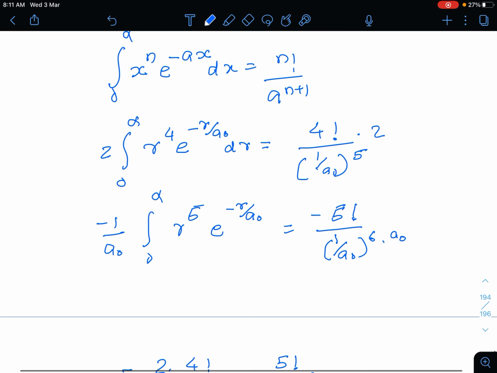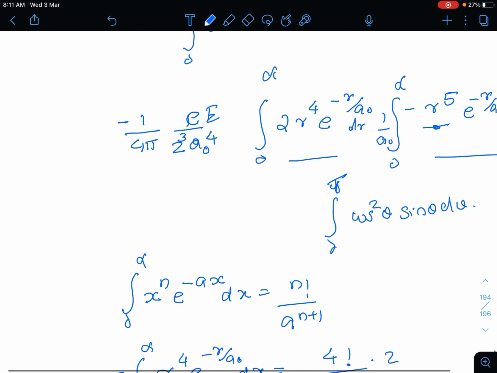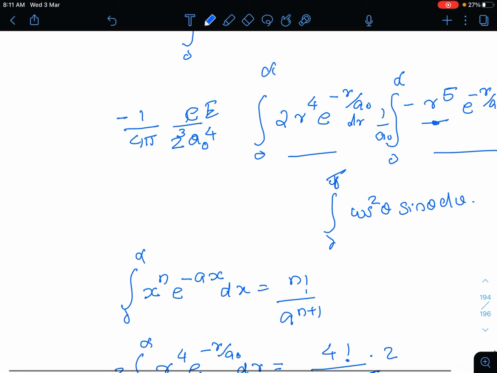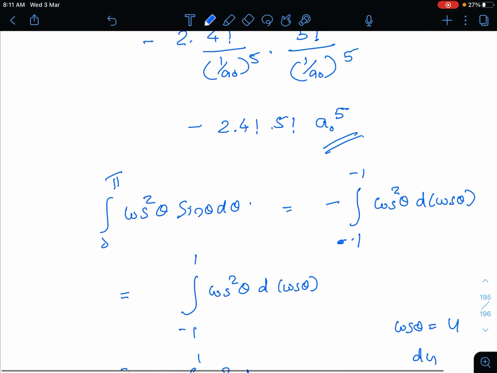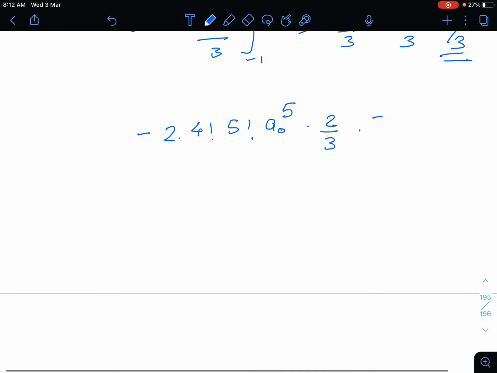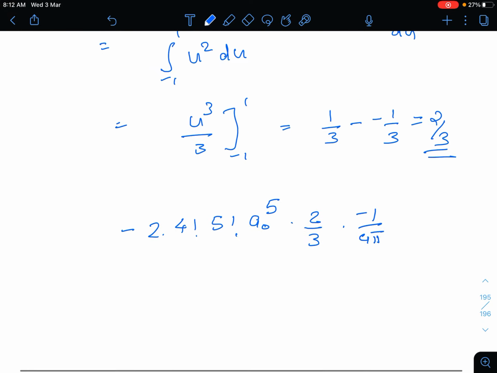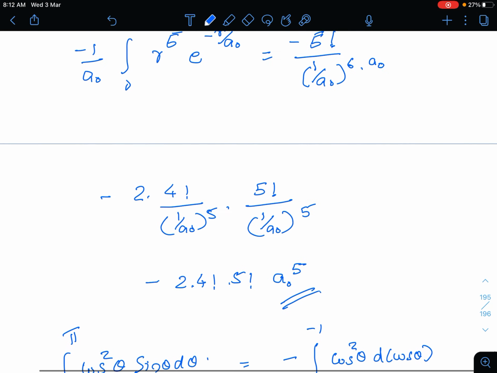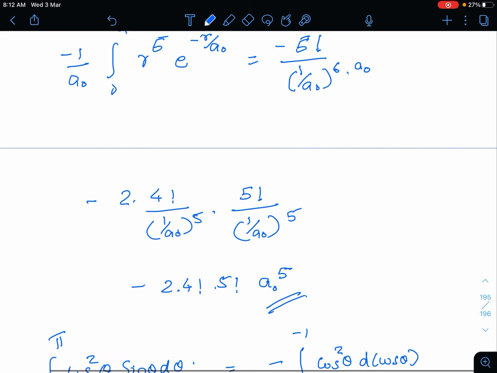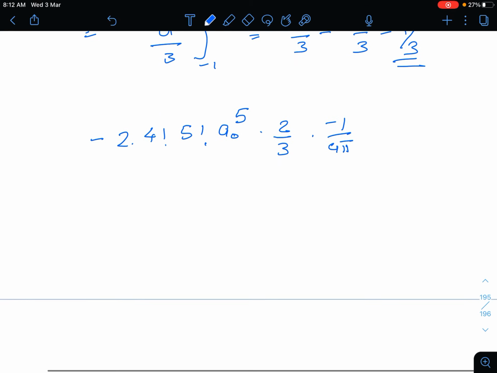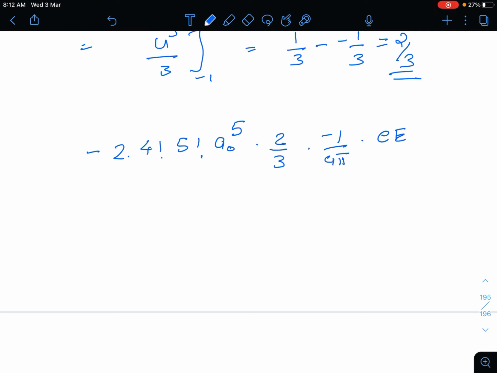Let's check what the constants are: minus 1 by 4 pi, and then e divided by 2 cube a0 raised to 4. So obviously this becomes this.